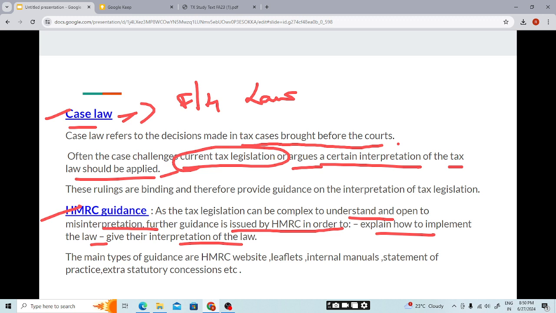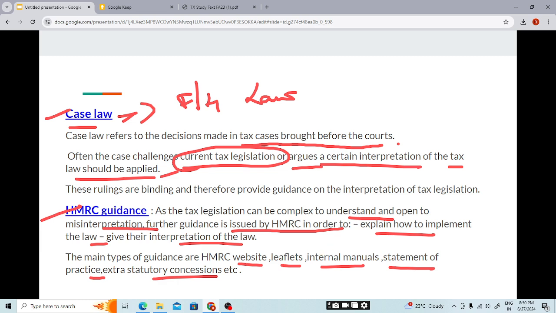So HMRC will give guidance on what the rule says and how it will be implemented. The main types of guidance provided by the HMRC are on their websites, leaflets, internal manuals, statements of practice, and extra statutory concessions.